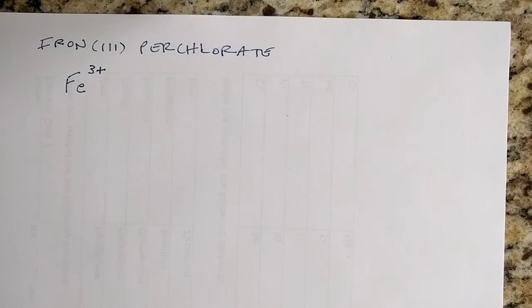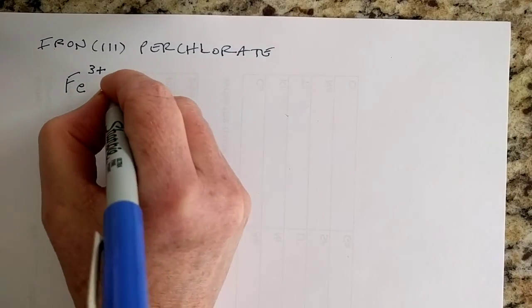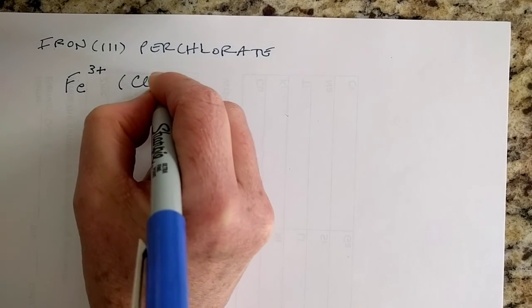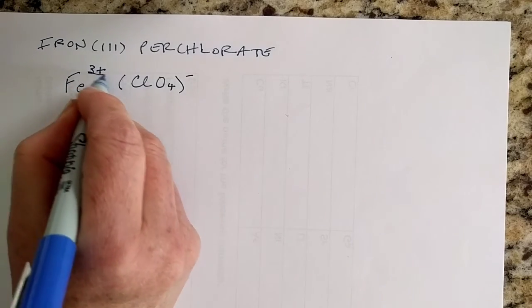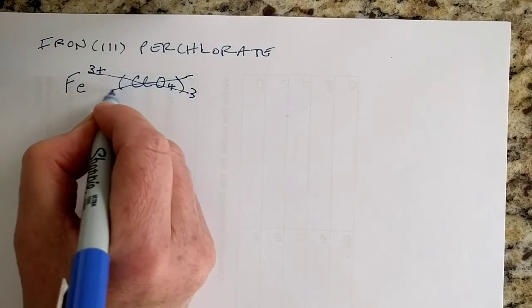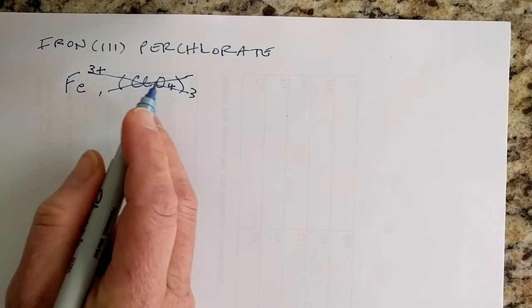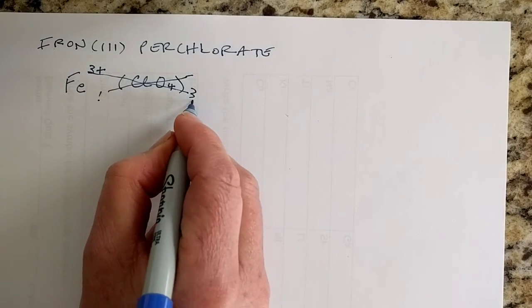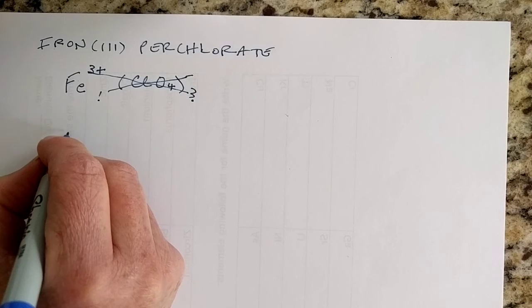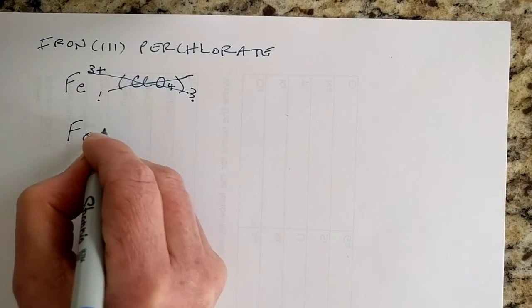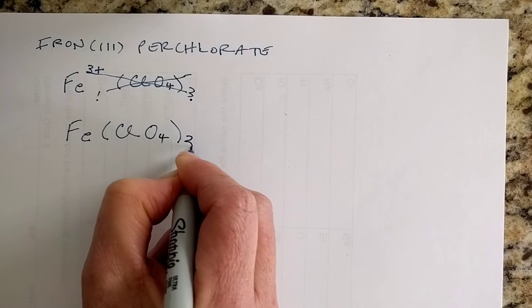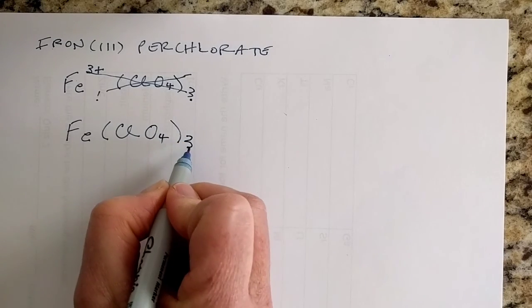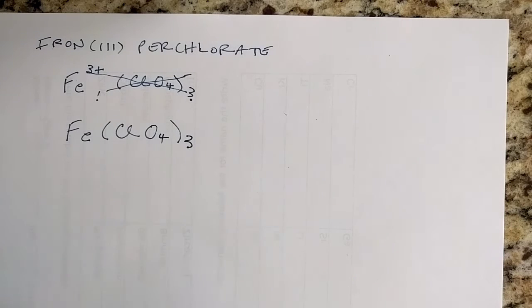Perchlorate, we look on our polyatomic ion chart, and we see that we have ClO4 with a -1 charge. Cross the charges to the outside of the parentheses. Keep everything inside, just like it is. 1 to 3 is the lowest whole number ratio, so we write our final answer as Fe(ClO4)3. We must keep those parentheses because our subscript is a 3.